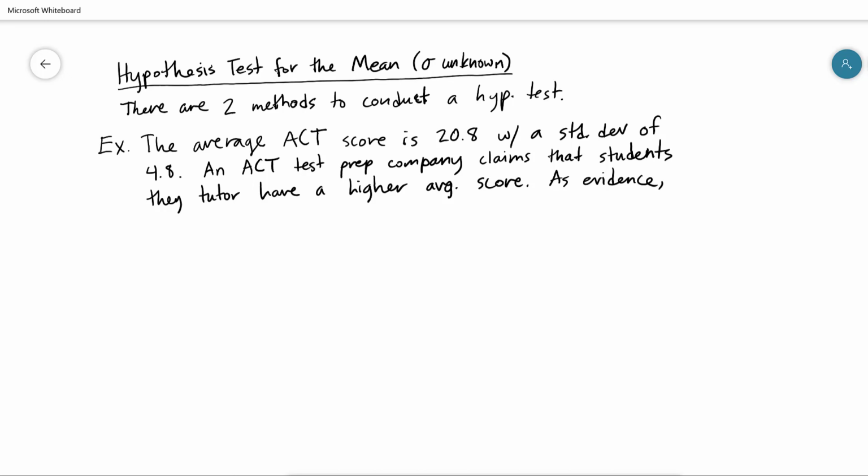So as evidence, a simple random sample of 80 of their students has an average score of 22.3.